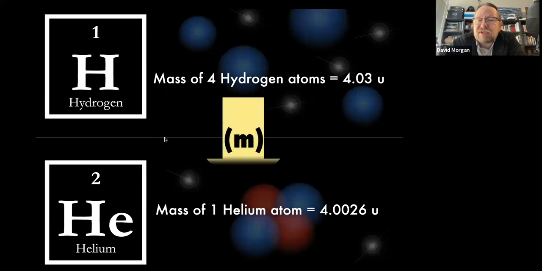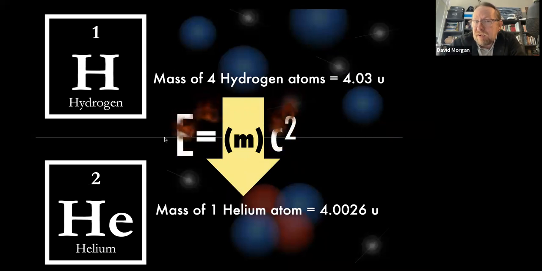In nuclear processes, a little bit of mass can go away, and that mass can be converted into energy. That is the meaning of Albert Einstein's equation, E equals mc squared. It's that mass is itself a type of energy, and you can convert mass into energy in certain processes, largely nuclear processes or processes that involve matter and antimatter, stuff like that.